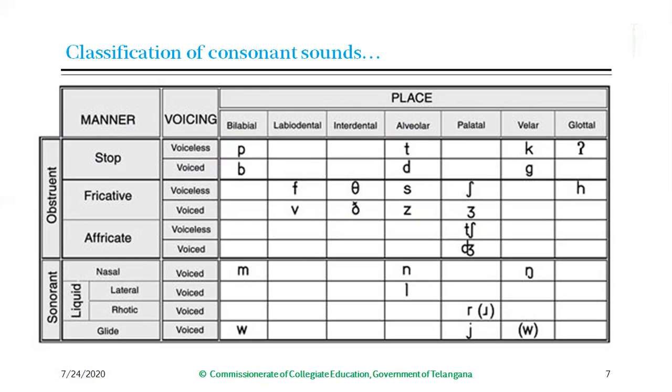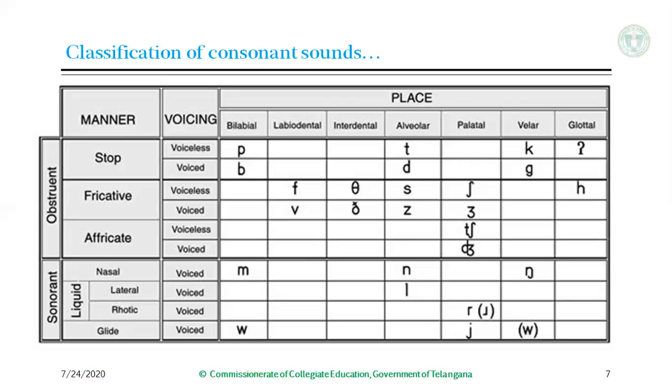Here, as the tongue touches the alveolum, they are called alveolar sounds. Ta, da, sa, za, na, la. These are all alveolar sounds. There are 6 alveolar consonants.